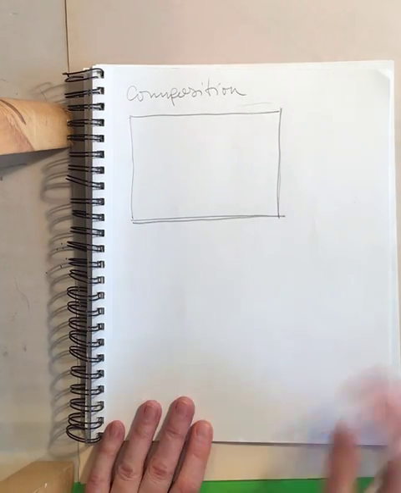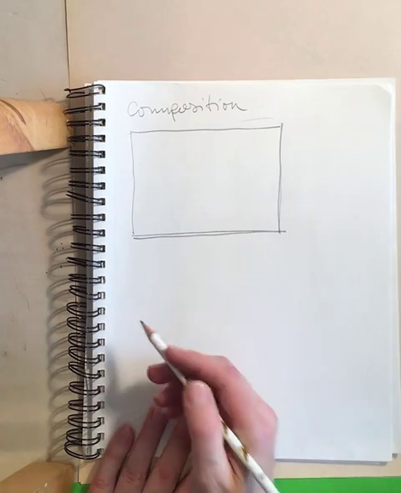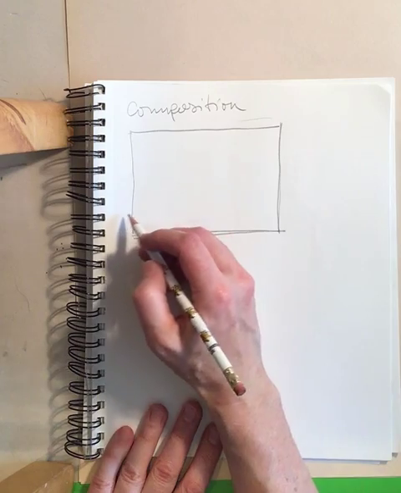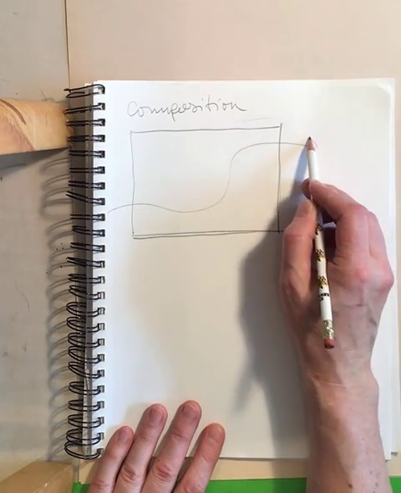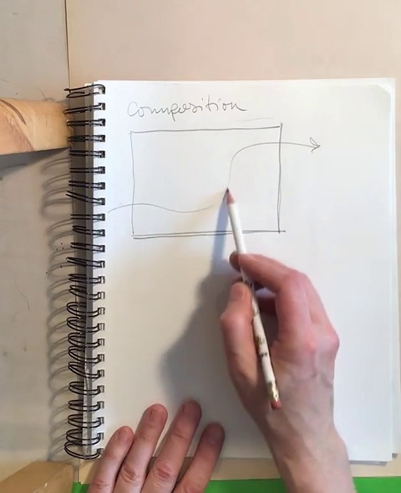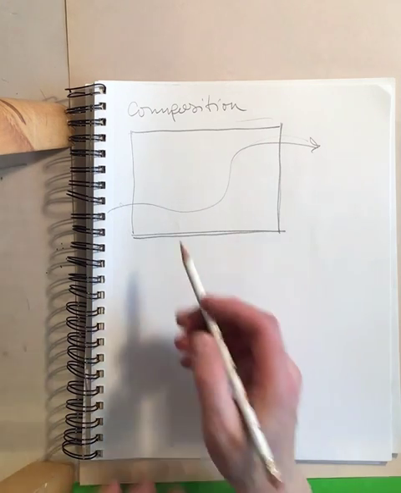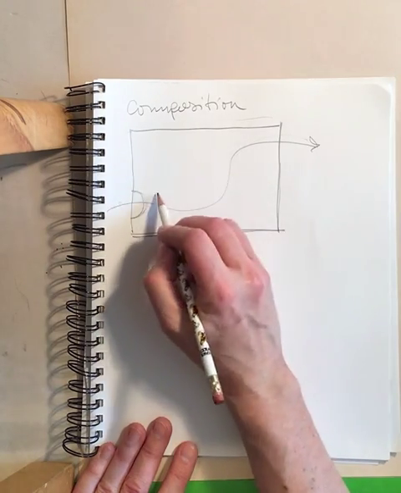It's sort of the basis of it. Any change that you make to it is going to be the beginning of a composition. So we're going to be doing this.